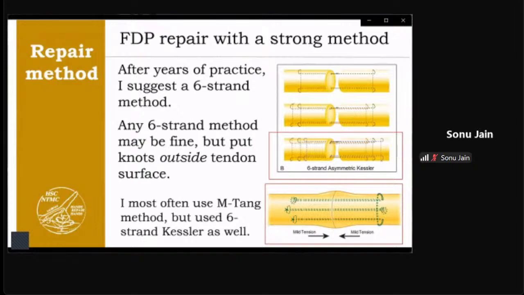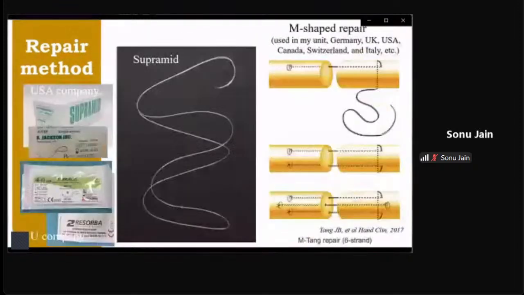In either method, in the slides, either M-shaped or 6-strand asymmetric, I always put the knots outside the tendon over the tendon gliding surface. With the venting of the pulley, this kind of exposed knot will not cause a lot of problems.